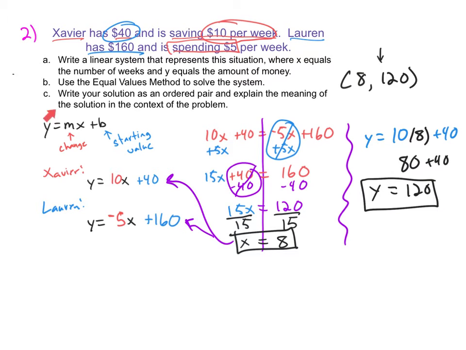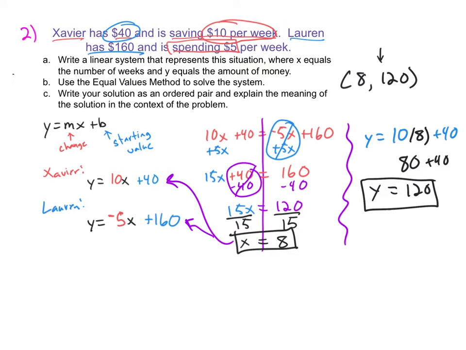And then our last piece here is we need to write your solution as the ordered pair, but then also explain the meaning of the solution in context. Well, here it told us what the stuff was. It says x equals the number of weeks and y is the amount of money.